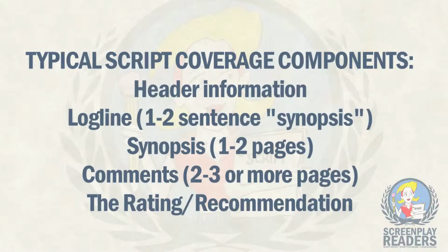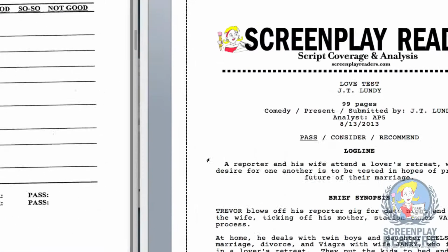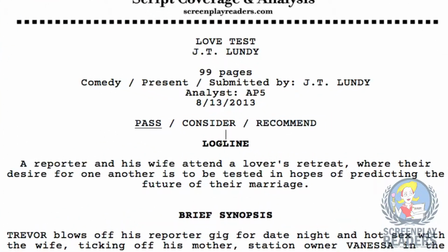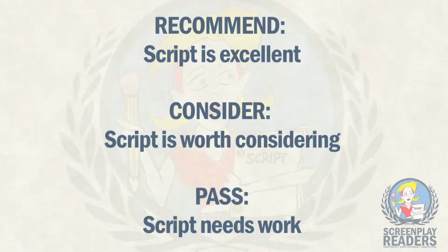Finally, you're going to have the rating. Now, a rating could be a ratings grid like this over at ICM, ranging from excellent to not so good, in all sorts of different categories like this. Or it could be as simple as what we do here: pass, consider, recommend. Pass, consider, recommend is going to be typical to pretty much all coverage. Now, recommend means, hey, we absolutely love this script, and it's ready to go.